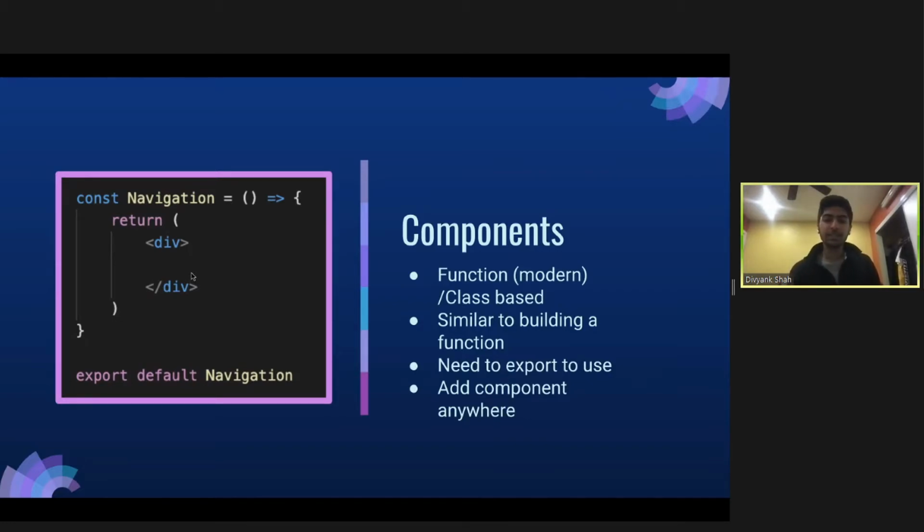What you will notice is that the code we saw in app.js and the code that we see here looks a lot like HTML. Notice these div tags. They look a lot like the syntax that we see in HTML, and that is correct. However, there are a few twists just because of the way React works.